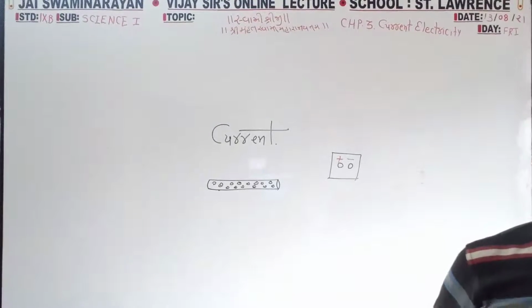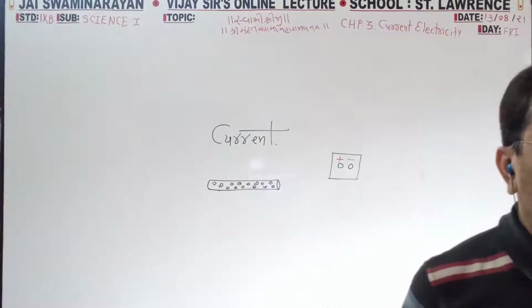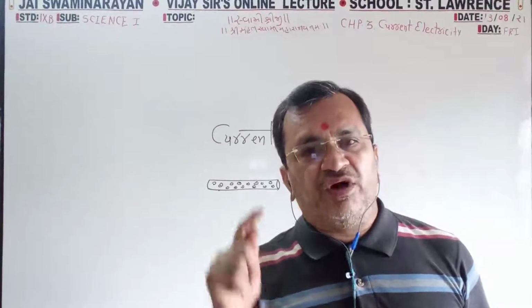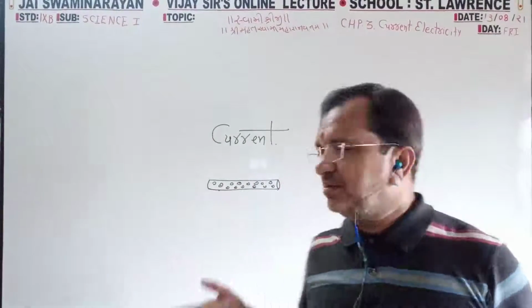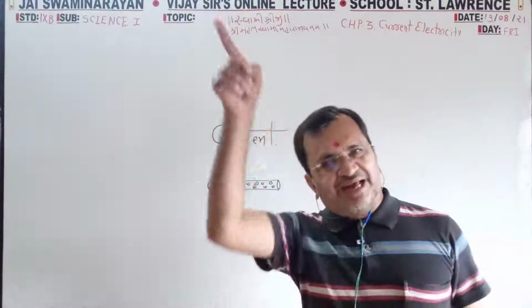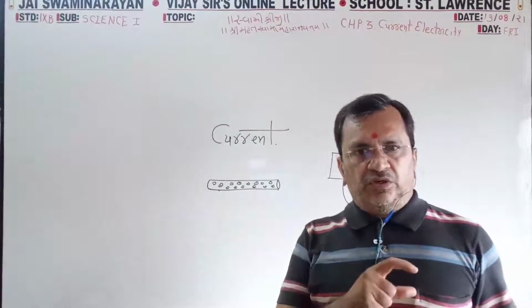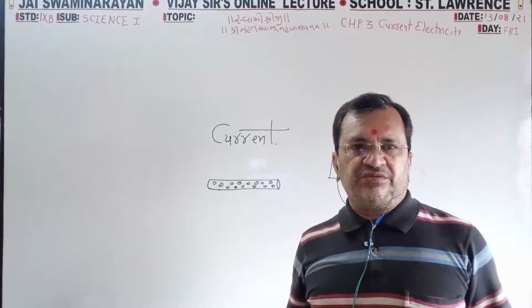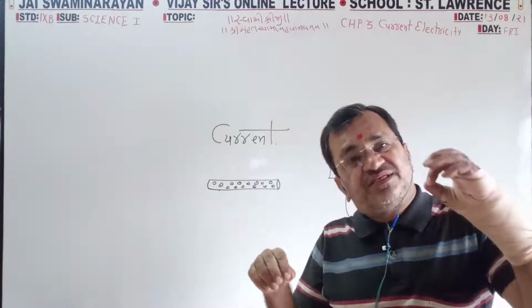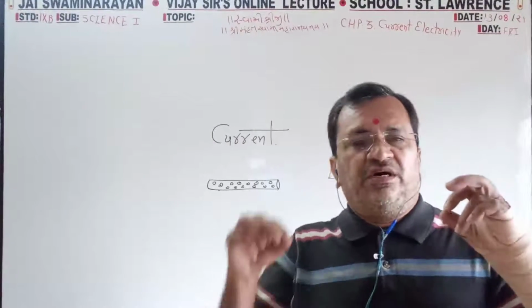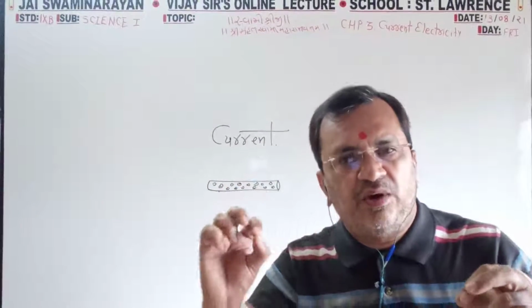Secondly, flow is required. That flow is always from higher level to lower level. In this, positive is the higher level, negative is the lower level. First, flow is a must. Then second, level difference is a must. Then third, it always flows from higher level to lower level.